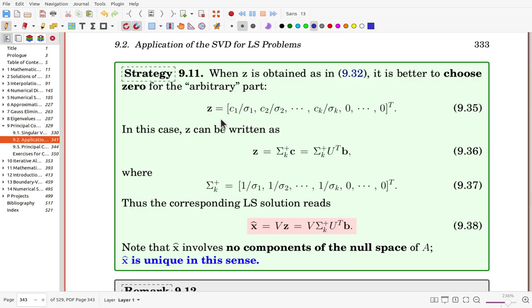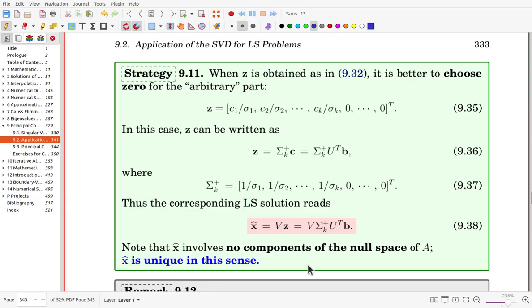In this case, the solution is better in most cases, rather than an arbitrary choice, which means that arbitrarily you are trying to involve null space components. So it is not really a smart choice. The really smart choice is that this arbitrary part must be 0.